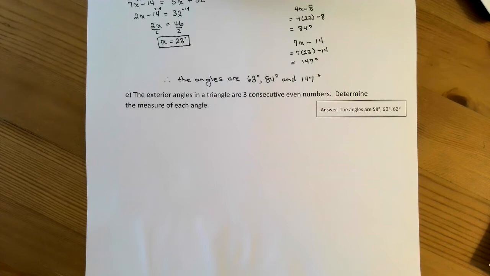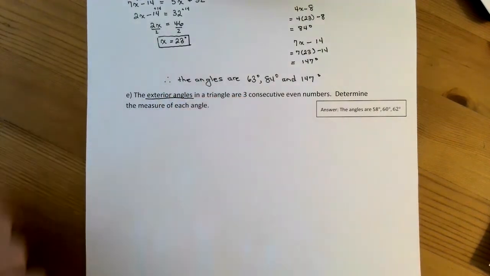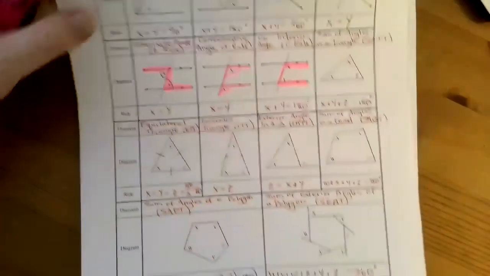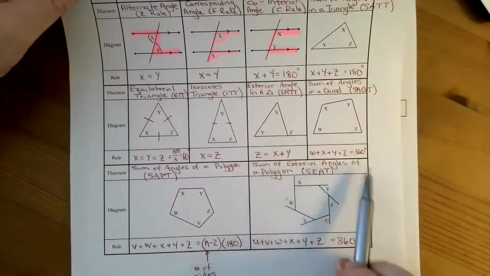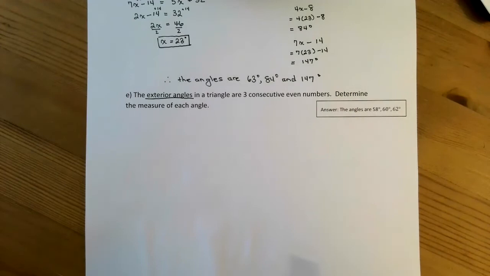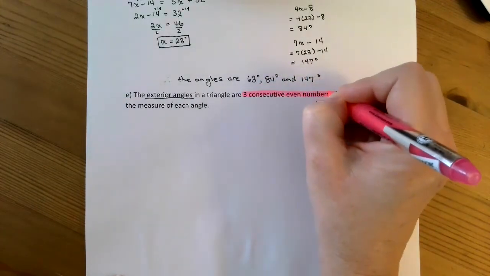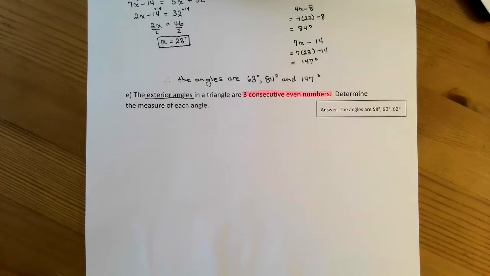Our theorem says that the sum of the exterior angles of any polygon is always equal to 360 degrees. So we know that it has to sum to 360, and that they are 3 consecutive even numbers, like 2, 4, 6, or 4, 6, 8, or 6, 8, 10.